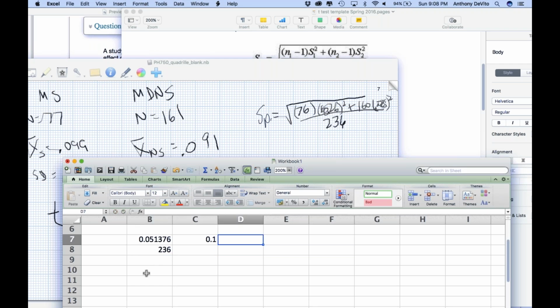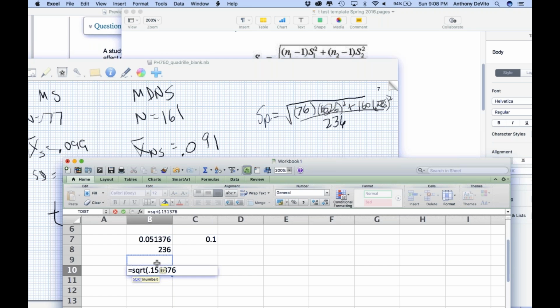So my pooled standard deviation is going to be equal to the square root of, I'm going to add these two together in my head, 0.151376. Everybody happy with that so far?